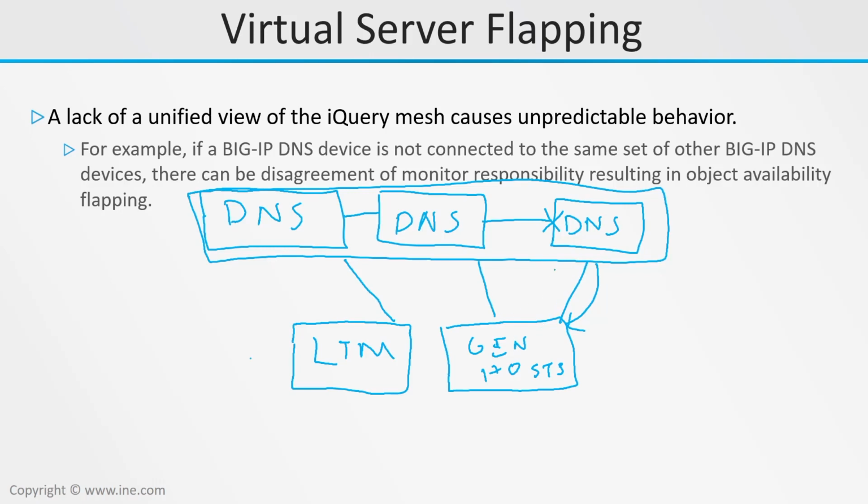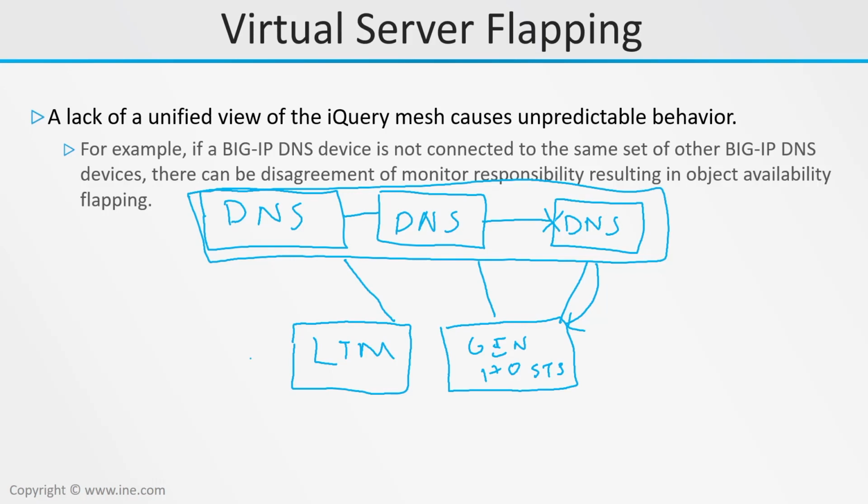An inconsistency in which DNS device is actively monitoring a specific host could cause the virtual server flapping to happen. And this is also an issue because all BIG-IP DNS devices in a particular sync group agree on which DNS device will monitor or initiate the monitoring request.